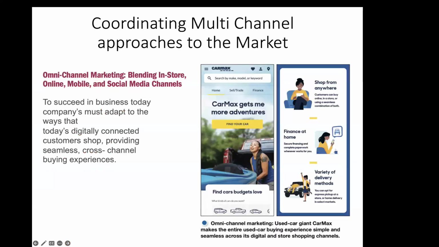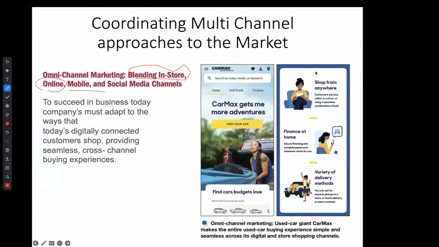And finally, we talk about the multi-channel approach to marketing. Multi-channel means how you use many channels. So when you are marketing, you will use maybe in-store, we call that merchandising. You will use online, your website.